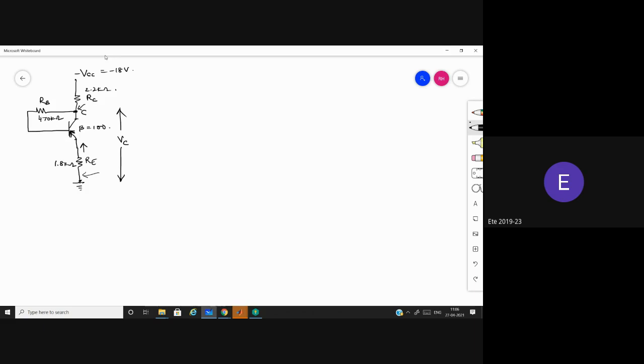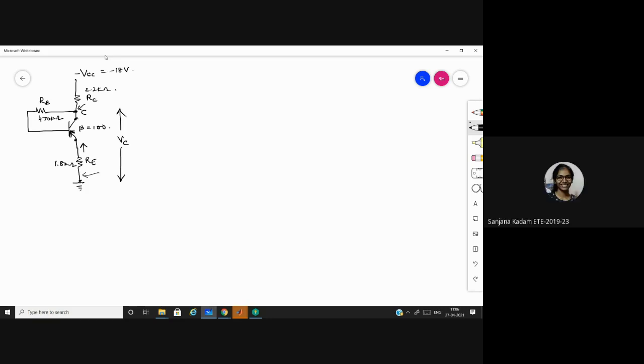Collector voltage you'll get. But if you measure between these two, the positive terminal of the multimeter will be connected here, negative will be connected here. So during that time, what is the voltage between these two? What do you call that voltage?